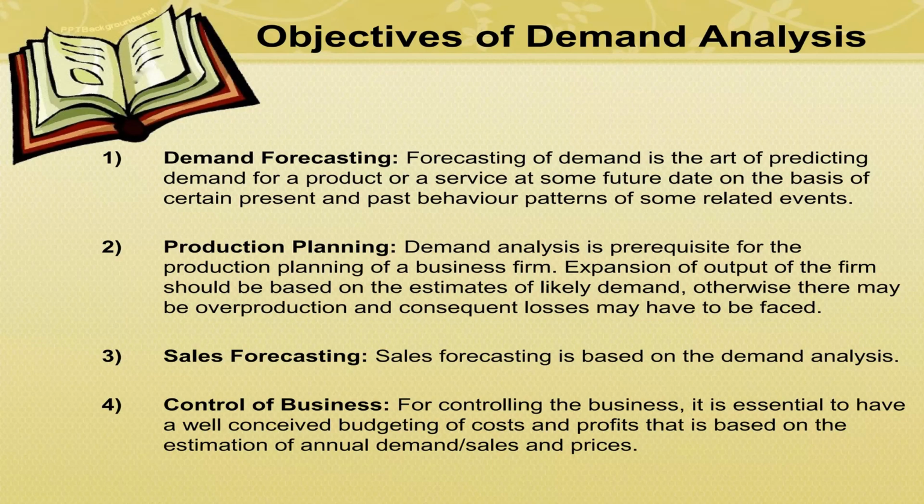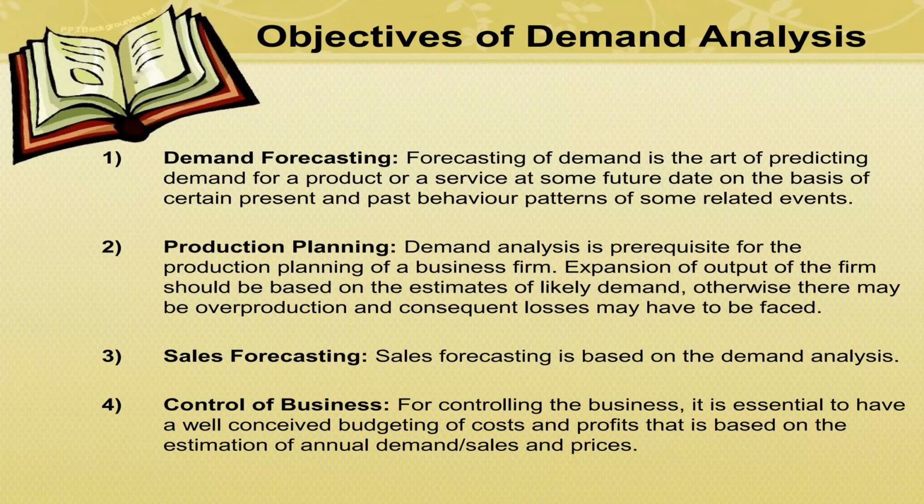If we need to know how much production to do, how much we need to increase or decrease the production, we need to analyze the present and past data of our particular product, so that we come to know whether demand for the product is going upward or downward, so that we do not do overproduction or underproduction, and we are able to satisfy the demand of the targeted customer.